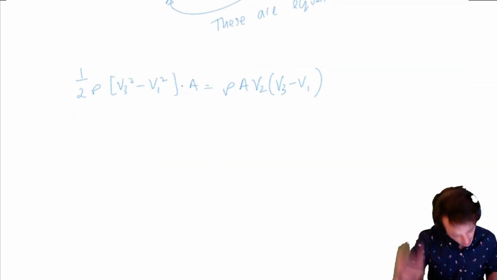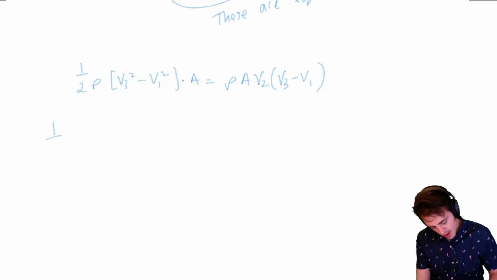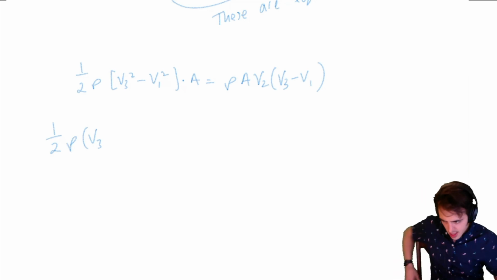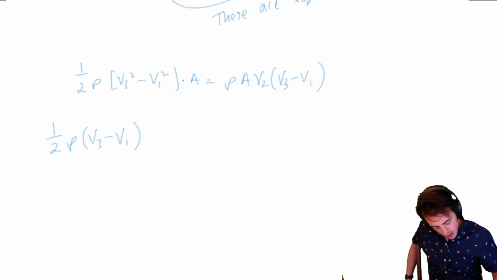So this expression on the left hand side, we can simplify. We can expand this bracket into V3 minus V1 multiplied by V3 plus V1, multiplied by A, is equal to rho A, V2, V3 minus V1.